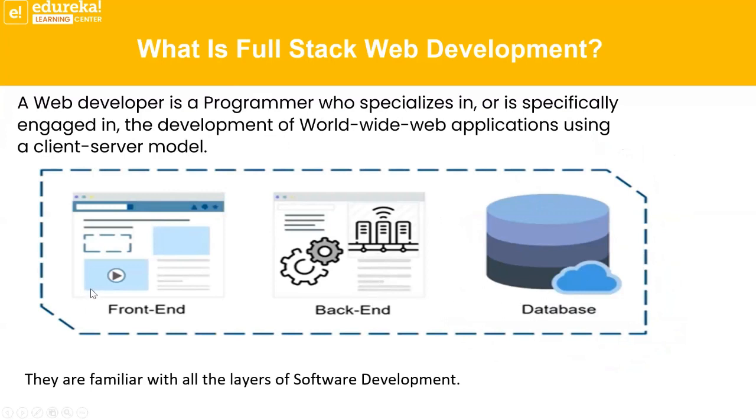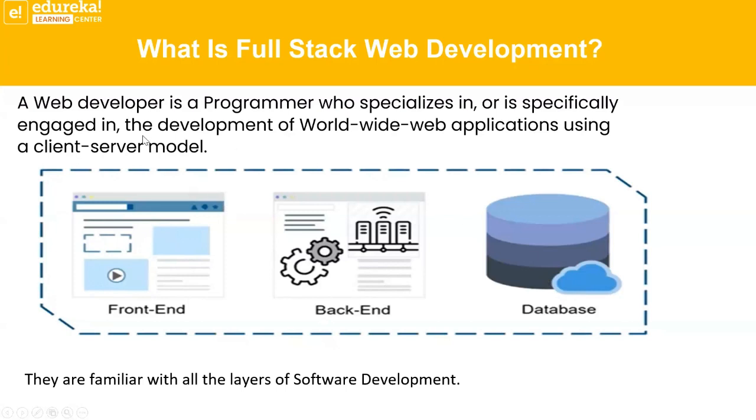The front end is the client side or the UI side, where the user or customer experience is majorly enhanced. In the backend layer, the programmer focuses on request handling and response maintenance. And in the database, we store the data.